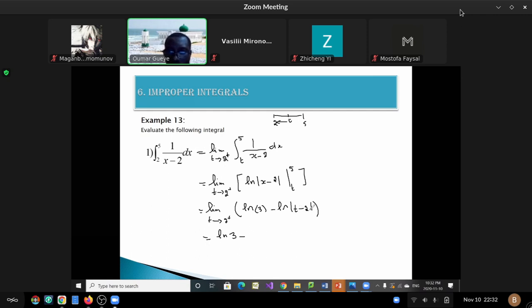And the log function, when we're approaching 0 from the right, is equal to, what is the value of this limit? This is a log function, and here is 0. What's going to be the limit when we're approaching 0?